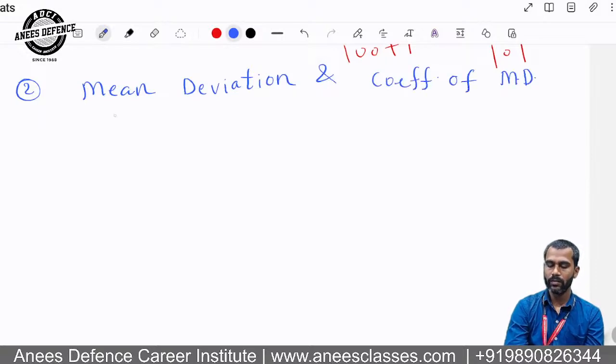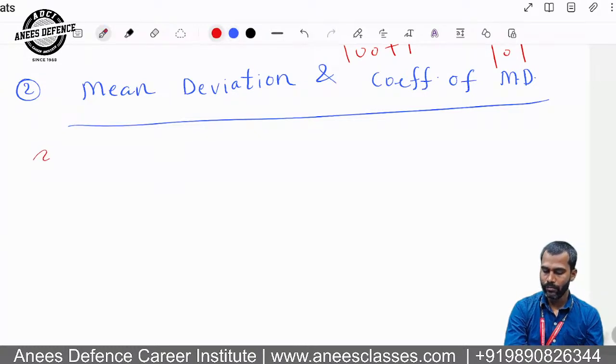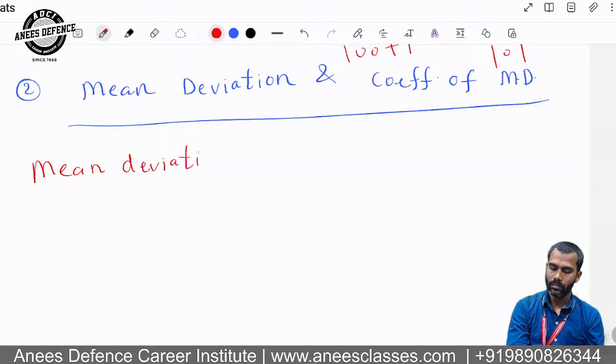I'm writing in short MD. Mean deviation and coefficient of mean deviation. Yes or no? So first of all, mean deviation.